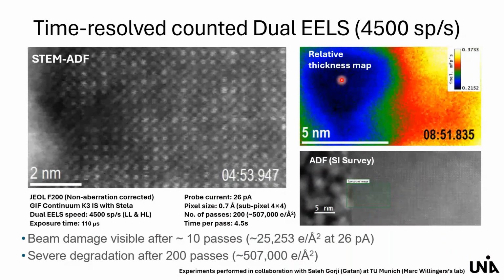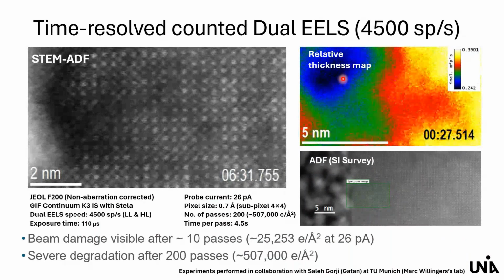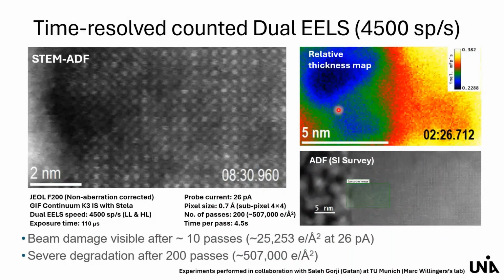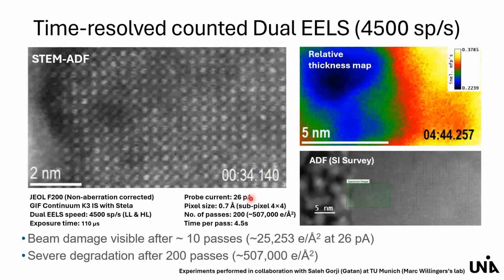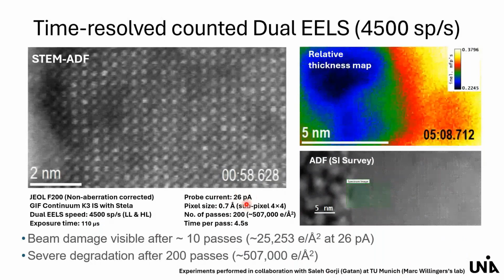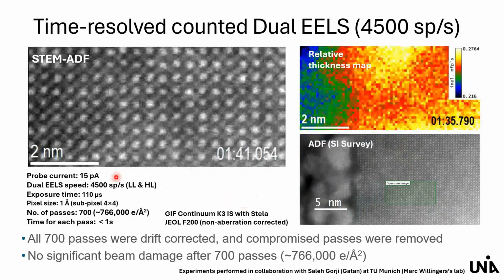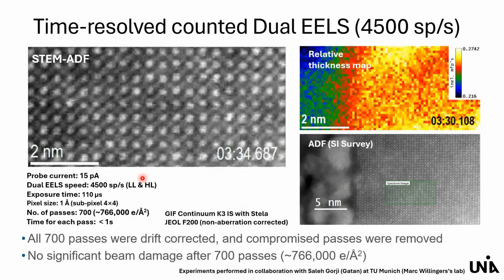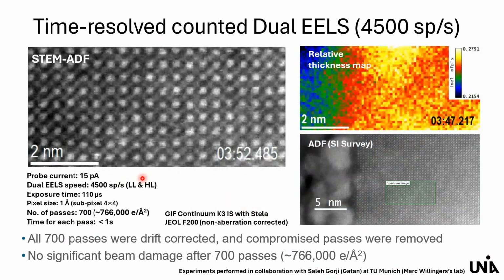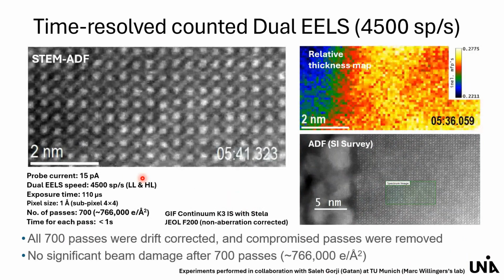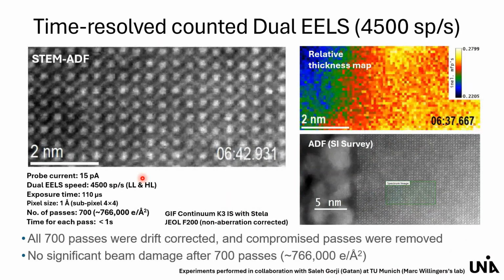So to get rid of this beam damage or to minimize it, we did a second experiment with an even lower probe current. We went to a probe current of 15 picoamps and again performed a dual EELS experiment at the same instrument. And the result you can see here.